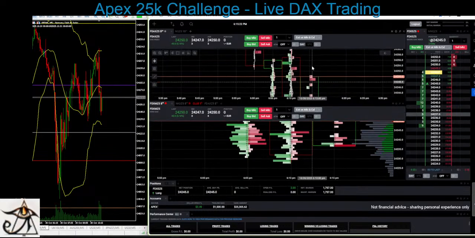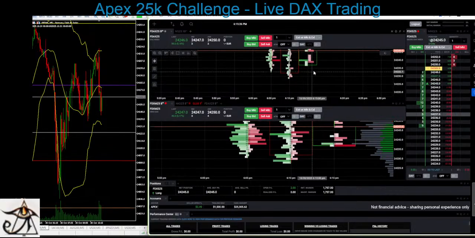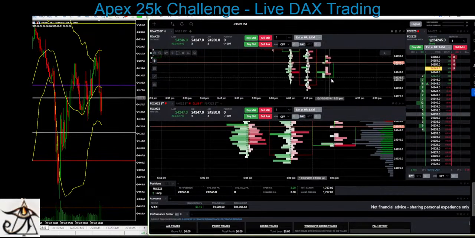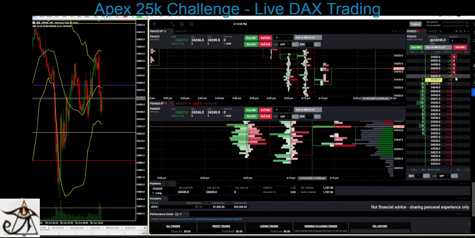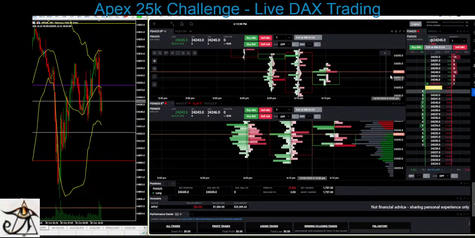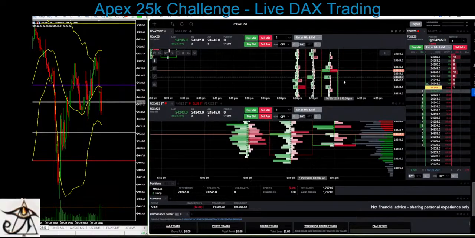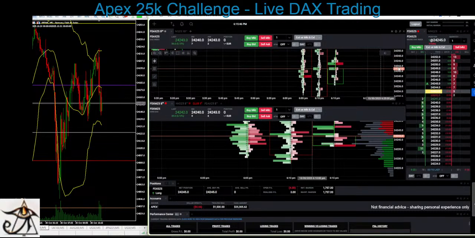And then often it will retrace back the direction it was already going. So we'll see if that plays out. And really just watching what the market does for now.